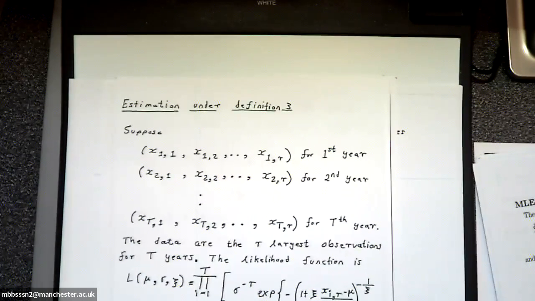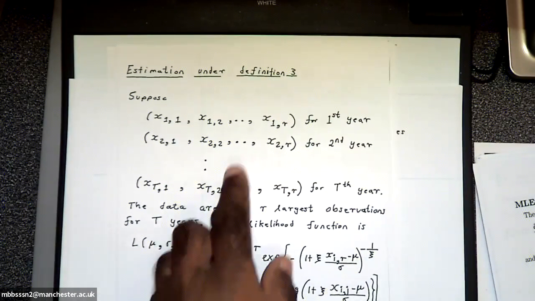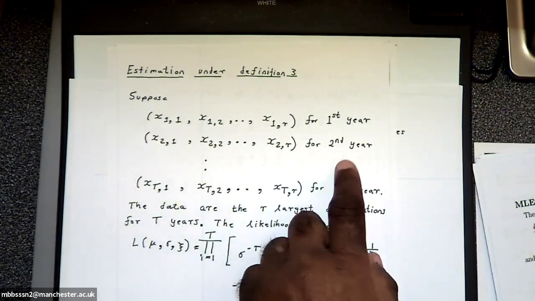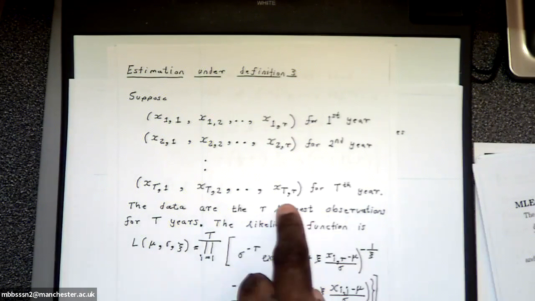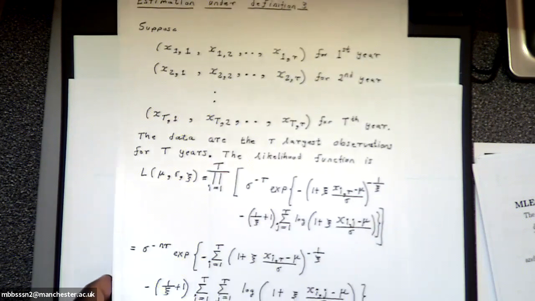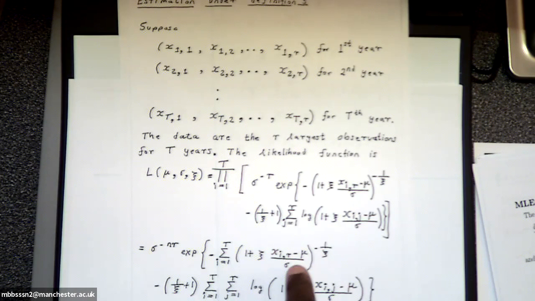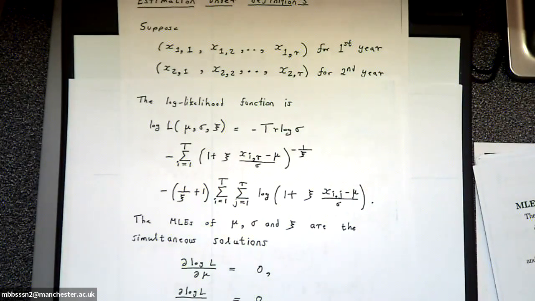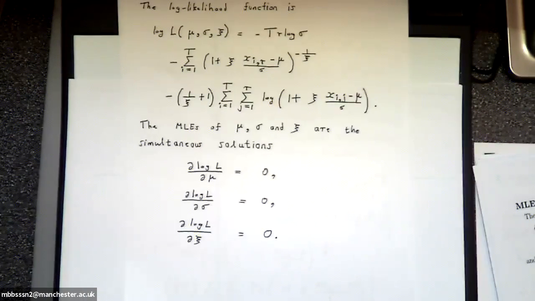Now for estimation, suppose these are the extreme values for the first year, these are the extreme values for the second year, and these are the extreme values for the 10th year. Then the likelihood function will be something like this, right? And the log likelihood will be this, and the MLEs will be the solutions of these 3 equations.